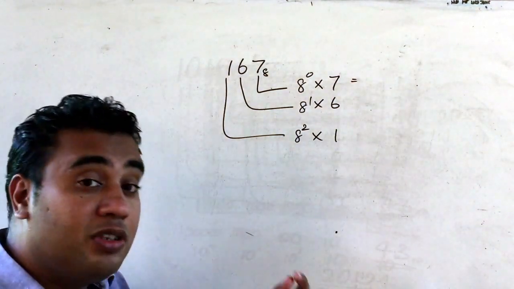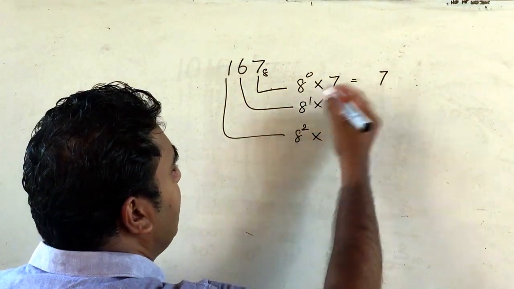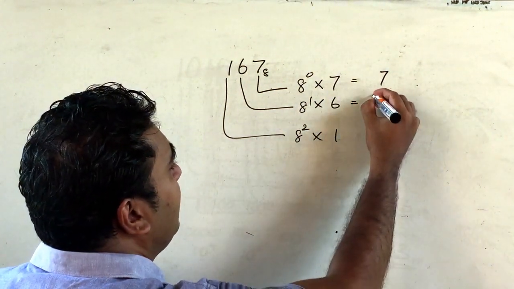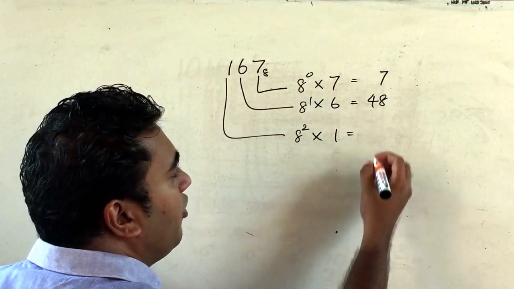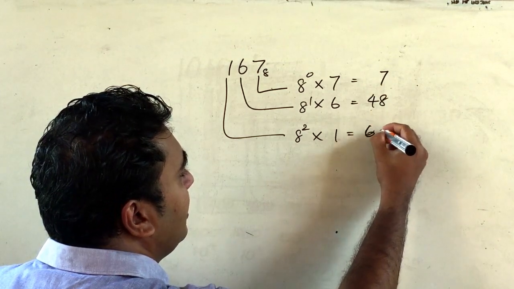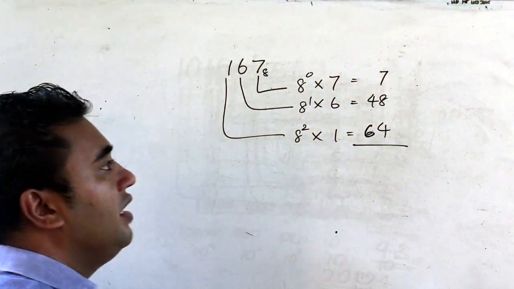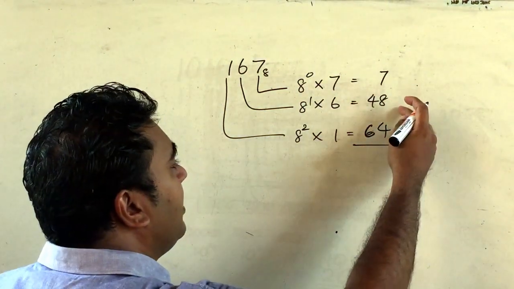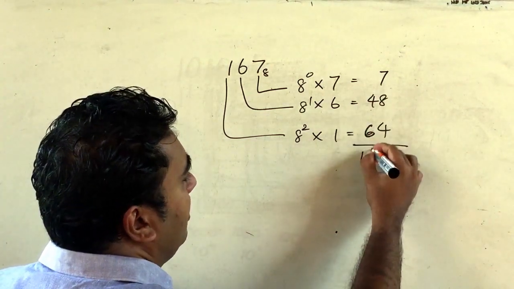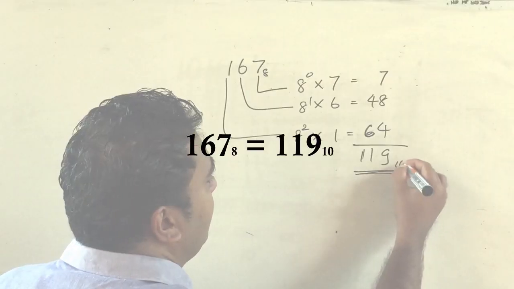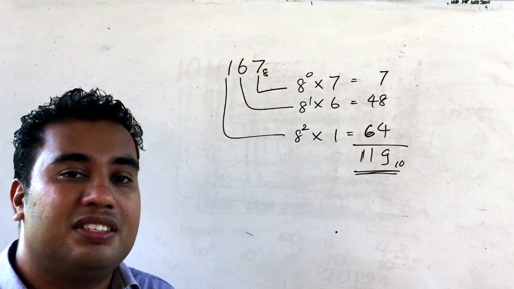So 8 to the power 0 is still 1. 1 into 7, 7. 8 to the power 1, 8. 8 into 6 is 48. 8 to the power 2 is 64. 64 into 1 is 64. So we add them together. 7 plus 8, 15, plus 48, 63, plus 64, 127. That is the decimal equivalent of 167 in octal.